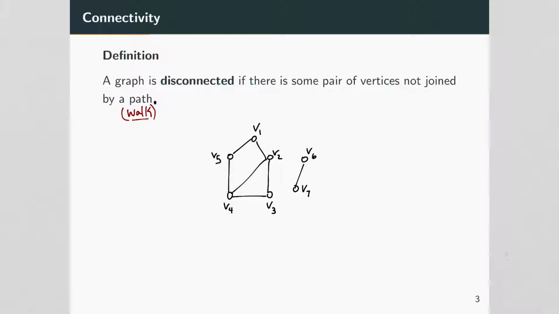In small graphs, it's pretty easy to decide whether or not your graph has more than one component or is disconnected. And of course, if we look at another example, how we draw the graph doesn't matter.